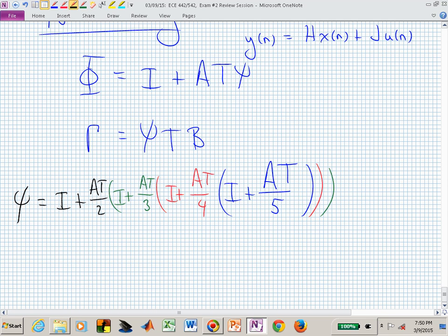And you could put this into a loop if you were programming this, if you really had to do this seriously. But on an exam, you could probably pick 4 and build out from 4. Then you have AT over 4 plus I, multiply that on the left by AT over 3, add I, multiply that by AT over 2, and you're pretty much done. There's your psi. You plug that in here, and you've got phi and gamma.